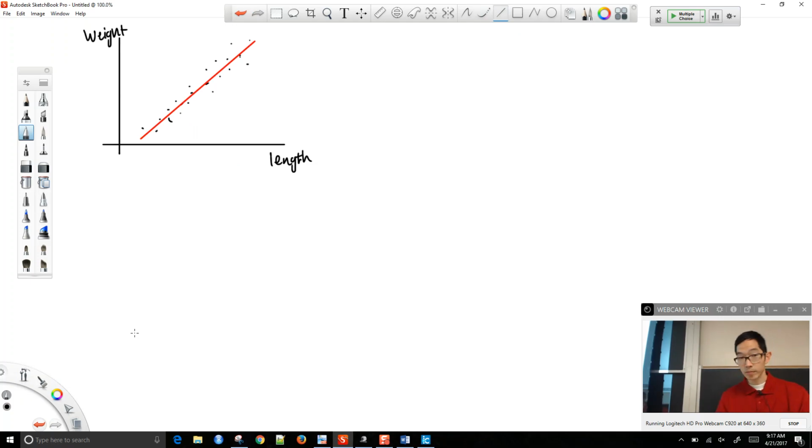In this case, x would be length, and y would be weight. And perhaps you have y hat is equal to, I forgot what I said on the previous slide, 12.4 plus 9.7 length.